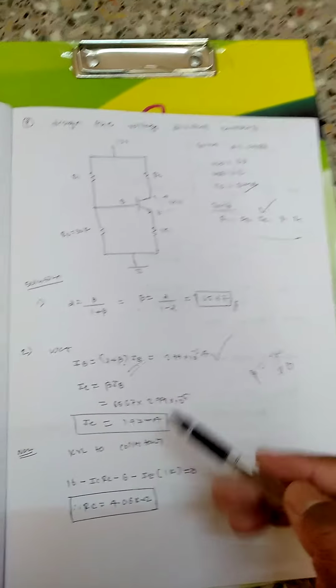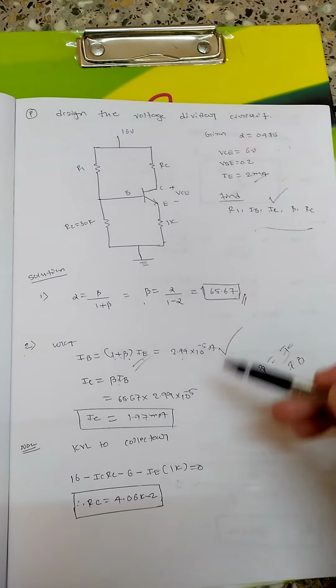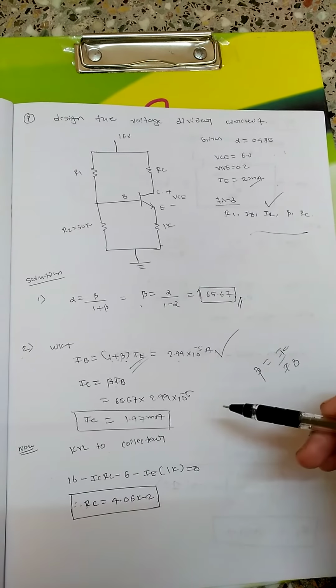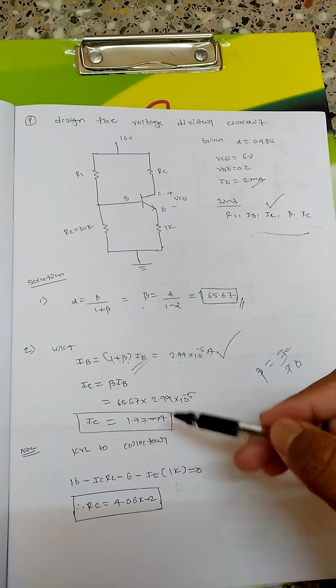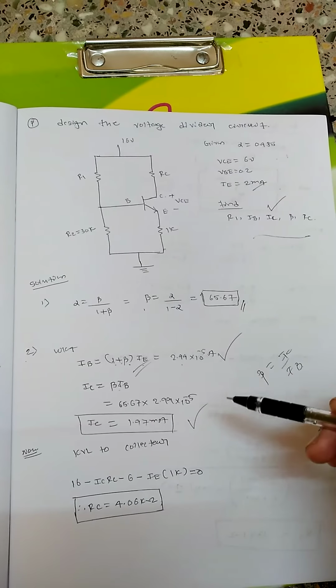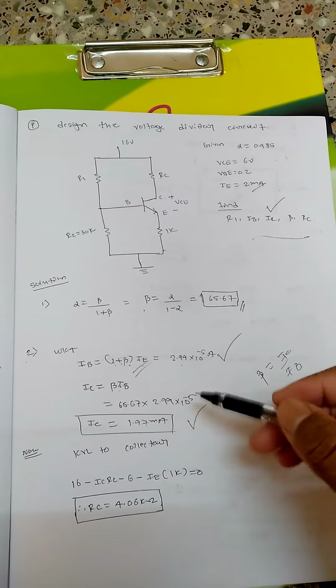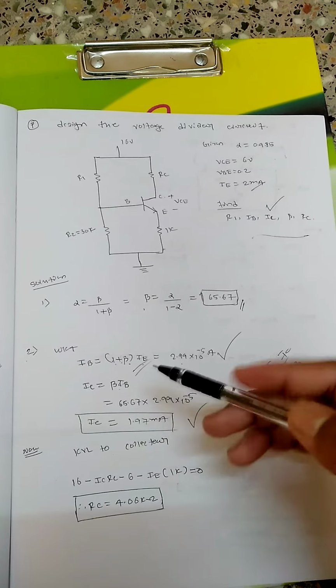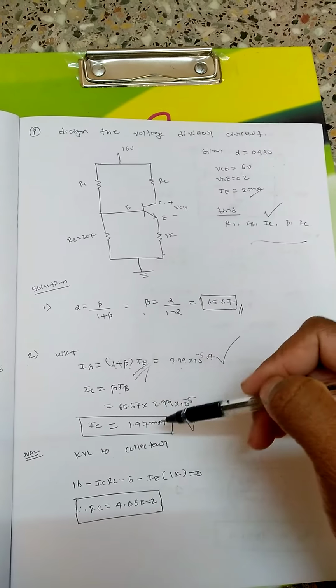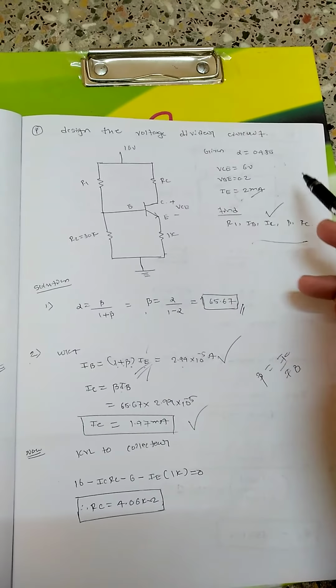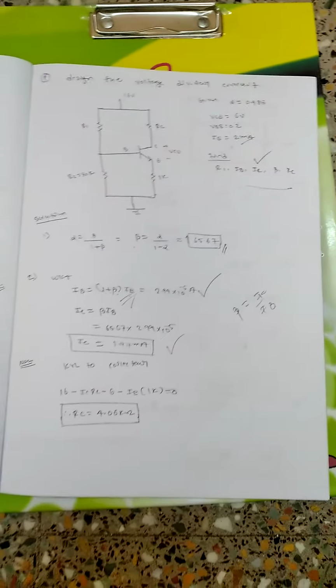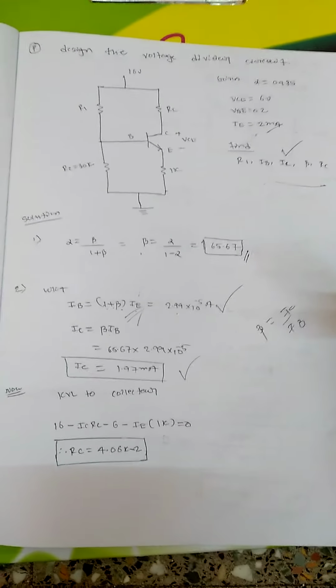When I substitute and calculate it in Casio, I will be getting 1.97 milliamps. So this is the total collector current which will be available in the circuit. Alright, so I have got IC, I have got IB, and I know IE already. This means I have got all the currents in this voltage divider circuit.